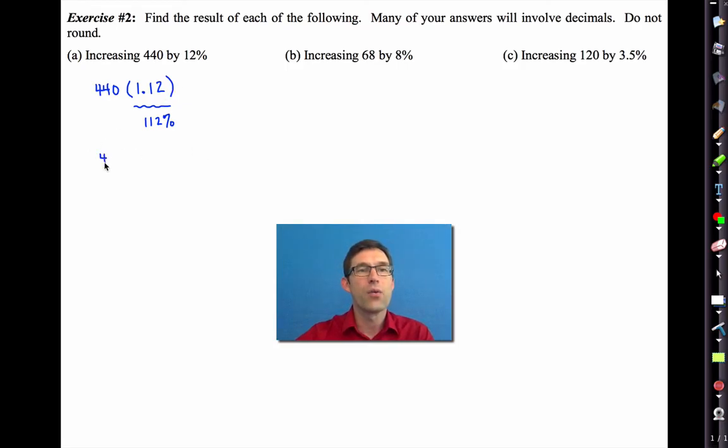Now again, one could think of that as being 1 plus 0.12, right? The 1 indicating the 100%, the 0.12 indicating the 12%. Either way, if we do 440 times 1.12, what we end up getting is 492.8. Don't worry about rounding there, no big deal.